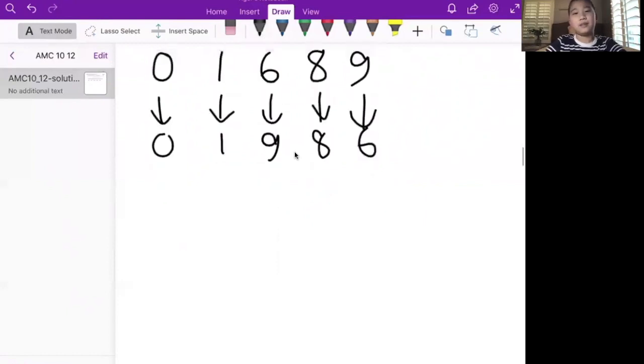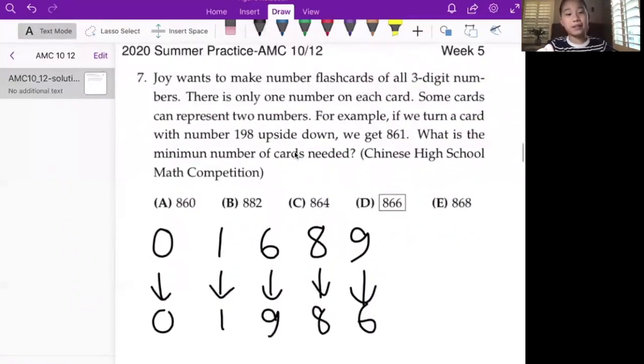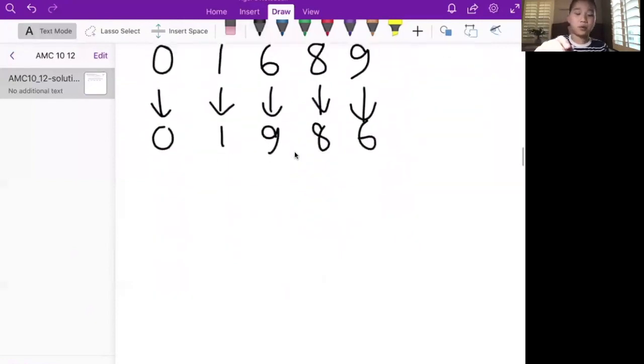Okay. Now, what's our plan? Our plan is to find the total number of 3-digit numbers and then subtract that by the number of cards that can represent 2 numbers. So that's what we're trying to find.